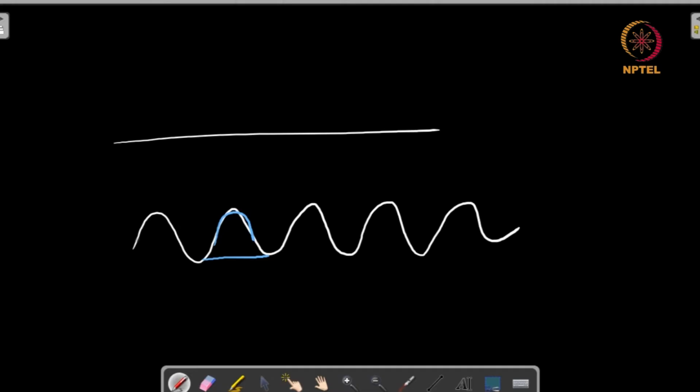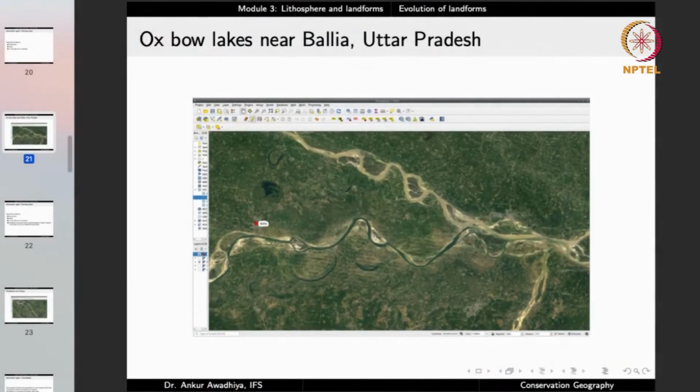So what happens now is that you have the river that is flowing like this, and then you again have these meanders. But what happens to this portion? Here earlier you were having the river, you still have water here, and this becomes an Oxbow lake. So here we have the examples of Oxbow lakes.